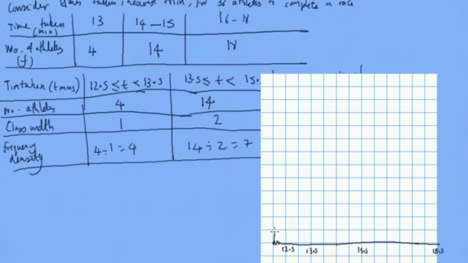And on this axis we've got our frequency density: 2, 4, 6, 8. So we've got 12.5, this was 4, then 13.5 to 15.5 we had 7.